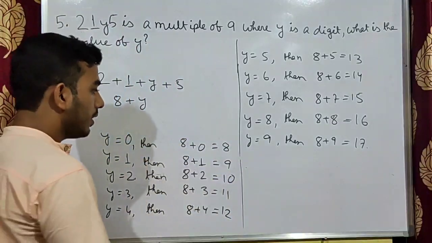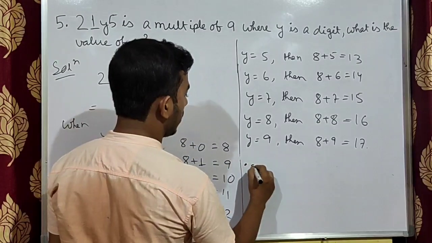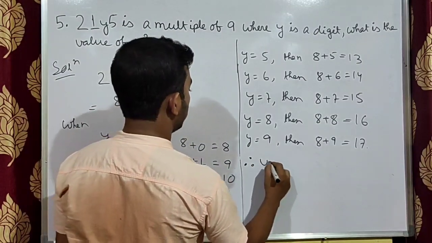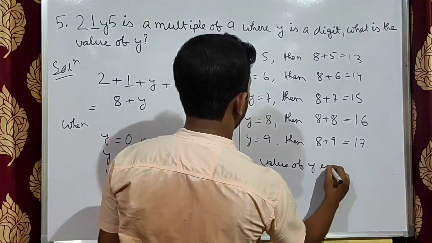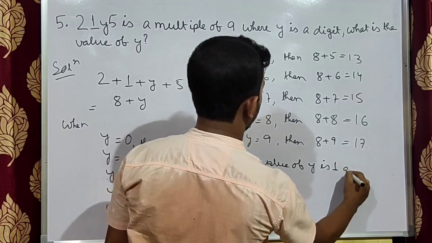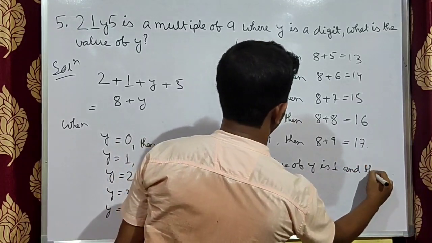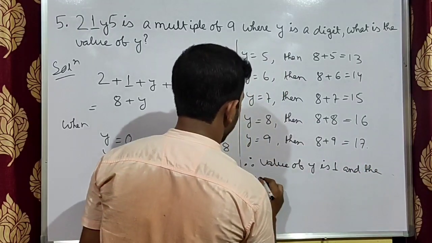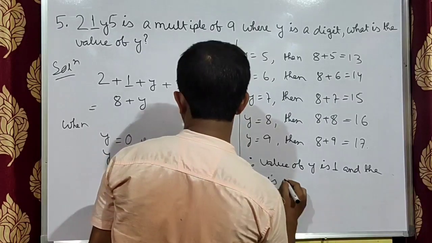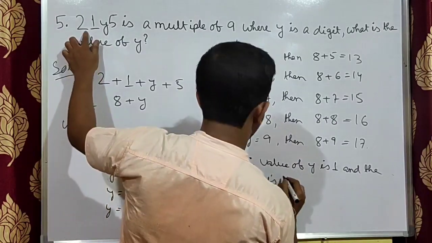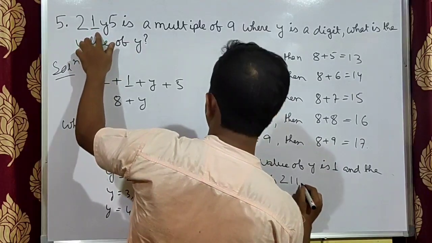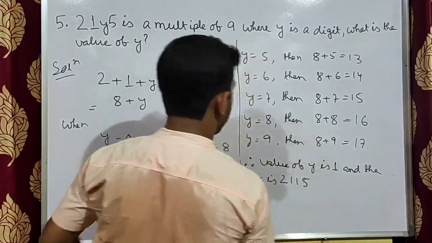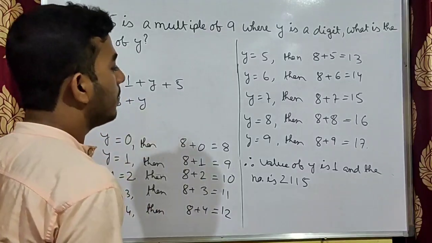So we will write: therefore, the value of y is 1, and the number will be 2, 1, then y which is 1, then 5. The number is 2115.